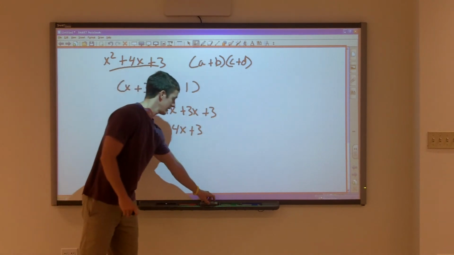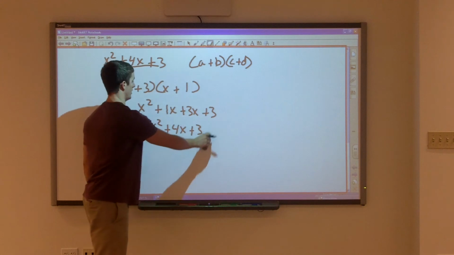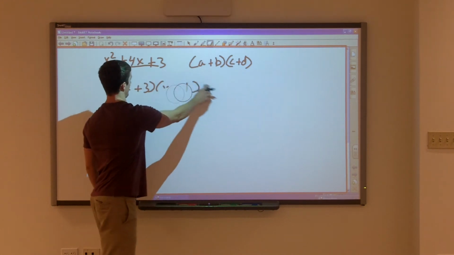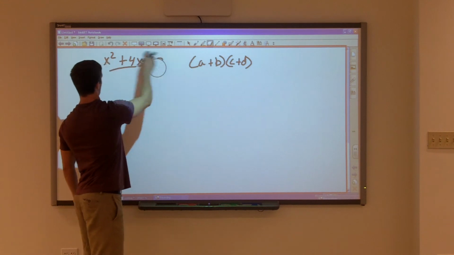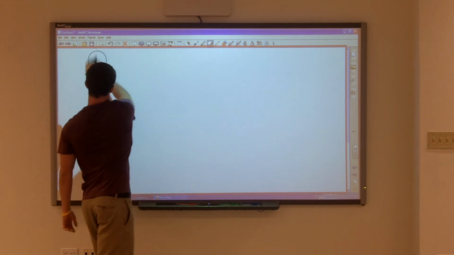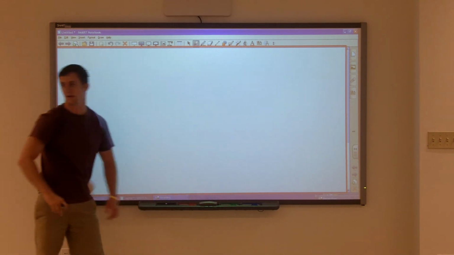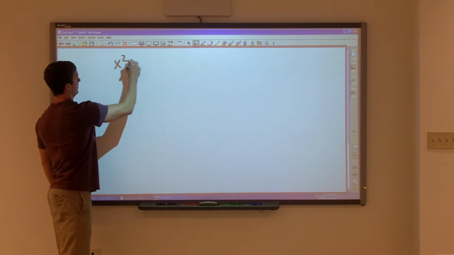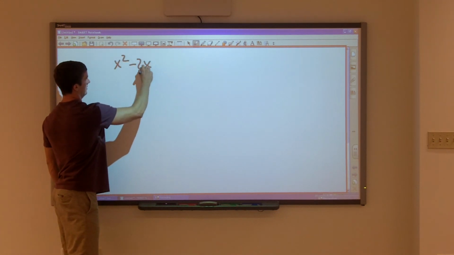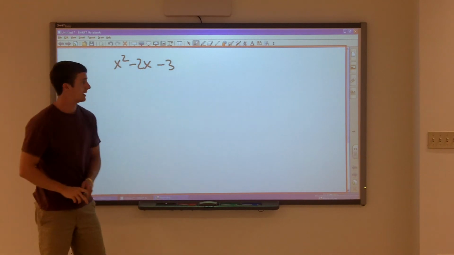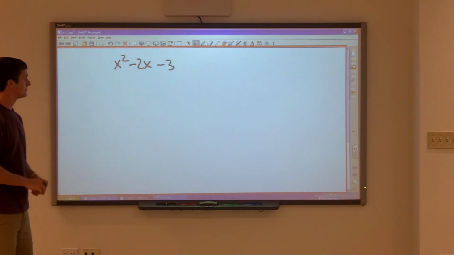So let's see what it looks like when we have problems that get a little bit harder. We start adding in subtraction signs, and we don't have our last term as a prime number. So for our next example, again, we have this polynomial.